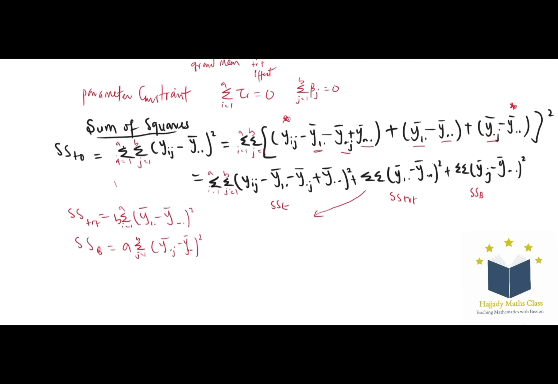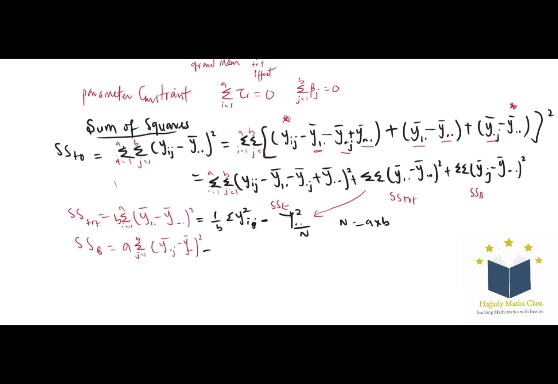Now for the first one, this can be written in the form 1 over b summation y i dot squared, that is summation across the row, minus the correction factor. The correction factor can be written as y dot dot squared over n. Don't forget, my n is the product of a and b.